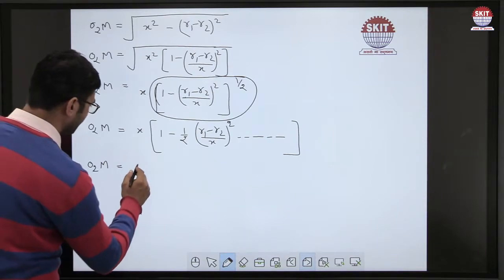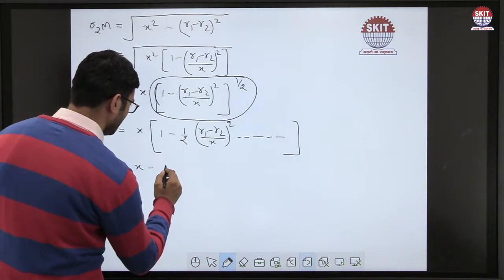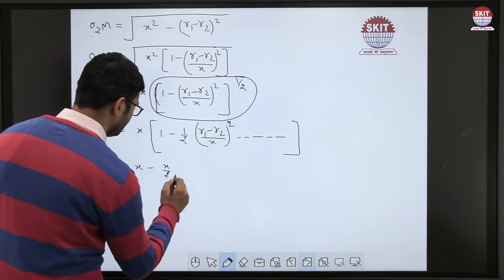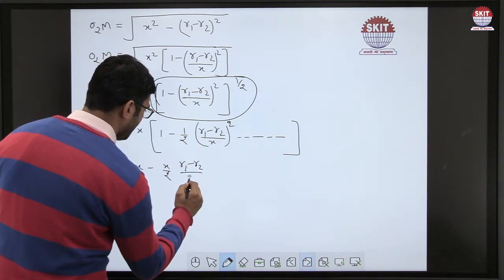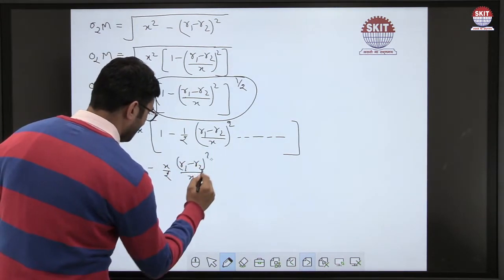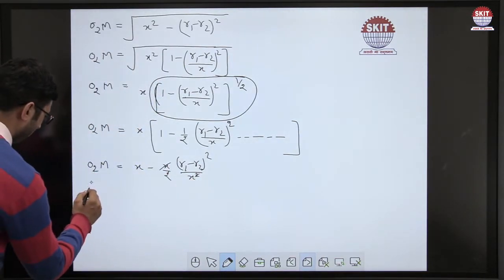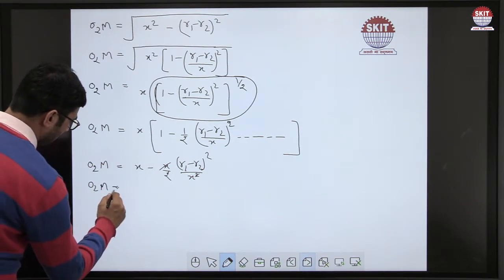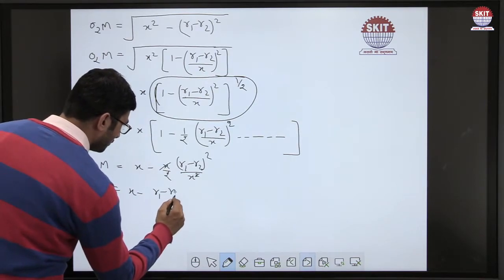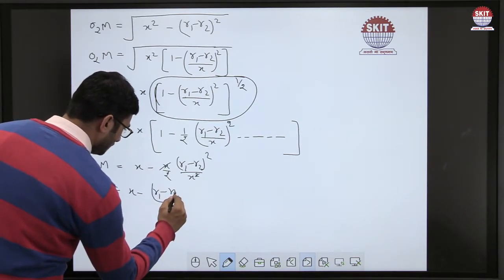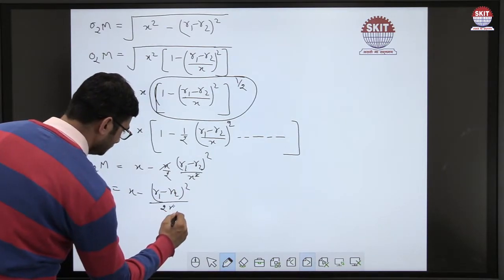equal to x minus x by 2, R1 minus R2 upon x, square, and square of x cancels by x. So the final value of O2M is equal to x minus R1 minus R2 whole square upon 2x.